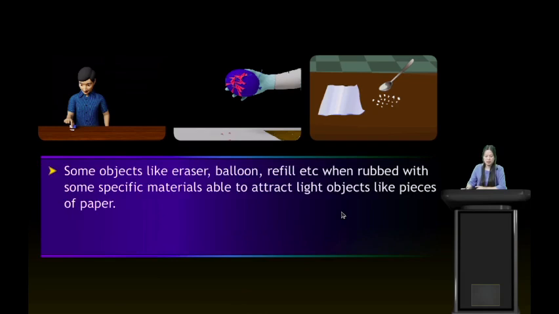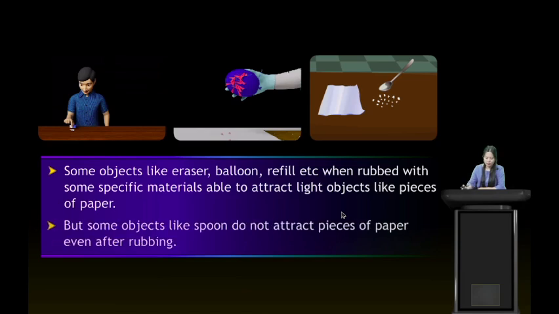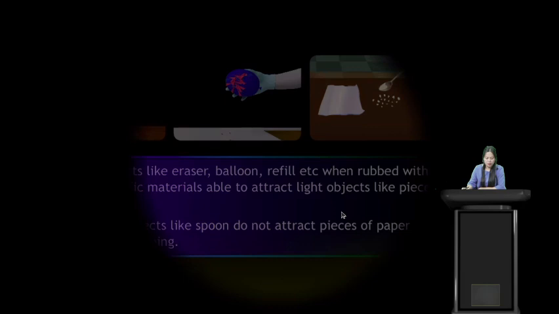Yes, students. So from here we see that some objects like eraser, balloon, refill, etc., when rubbed with some specific materials, are able to attract light objects like pieces of paper. But some objects like spoon do not attract pieces of paper even after rubbing.